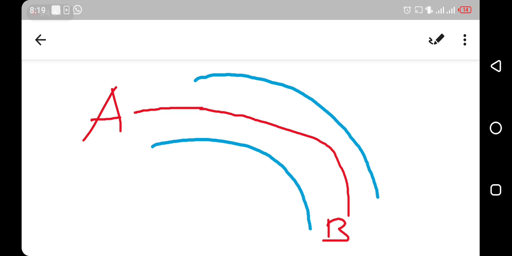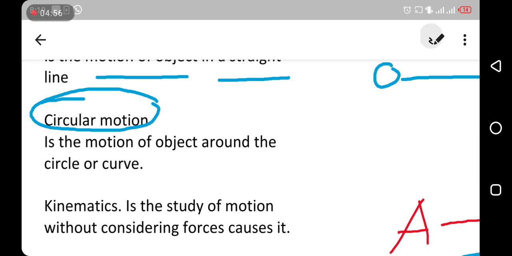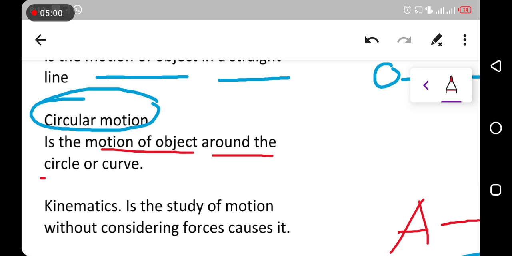Kwa hiyo by formal definition inawezekana tukasema circular motion is the motion of an object around a circle or curve, kuzunguka mduara au curve. Kwa hiyo motion yoyote kuzunguka mduara au curve inaitwa circular motion.